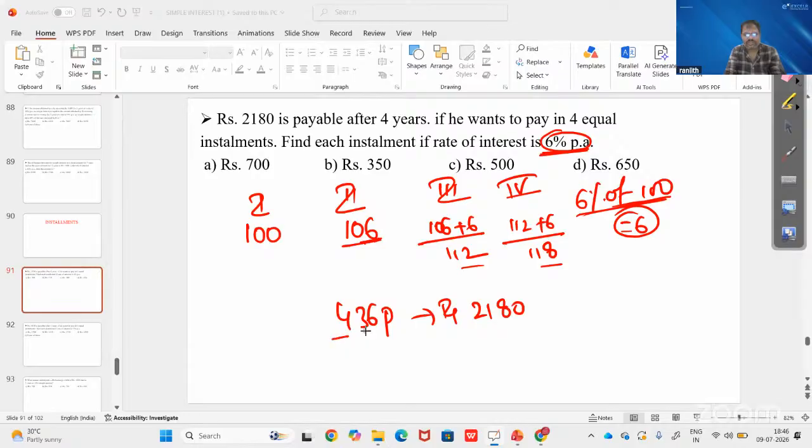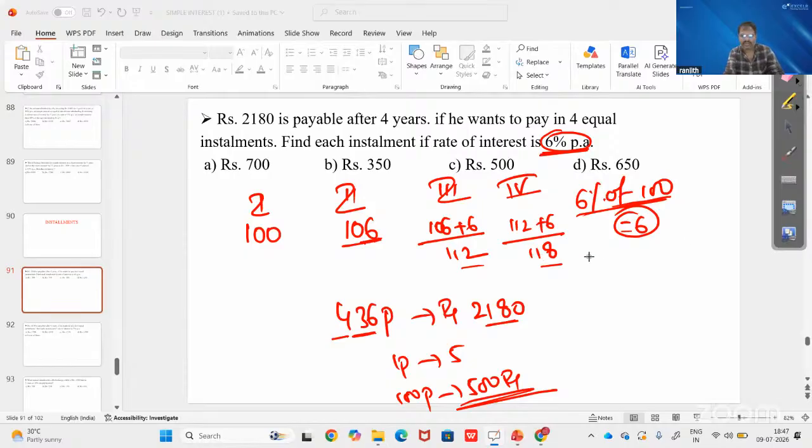In the 4 table 20, we are getting 5 times. 36, half of 36 is 18. So one part equals 5. Then 100 parts, each installment, equals 500 rupees.